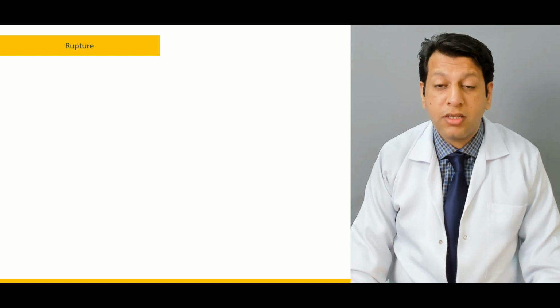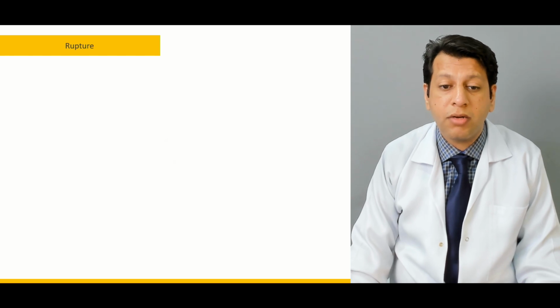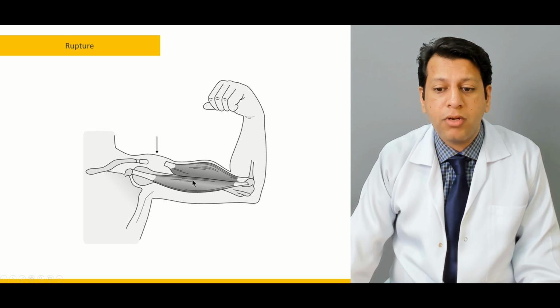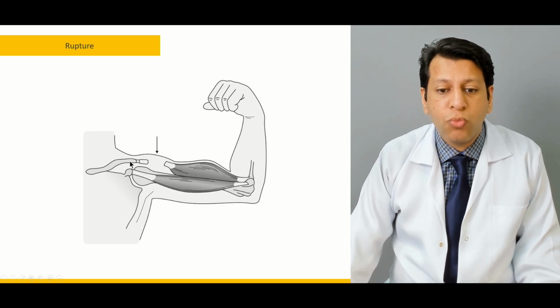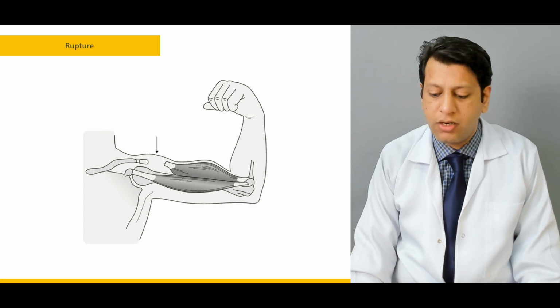This may be due to instability associated with the rupture as well. Now, as I told you, anatomically it can rupture proximally or at the distal level. Most commonly, the long head ruptures, and it's mostly in the rotator interval.